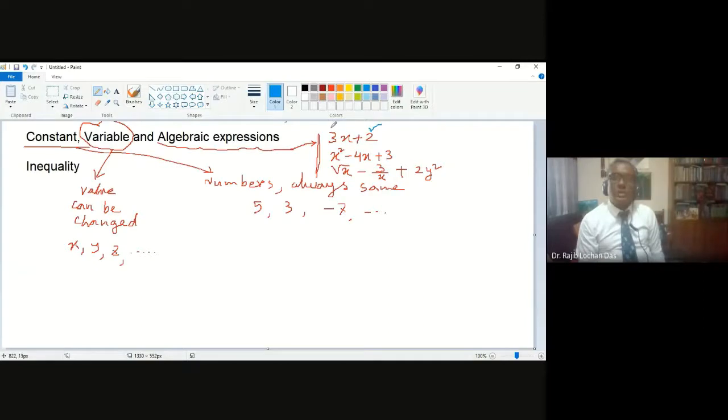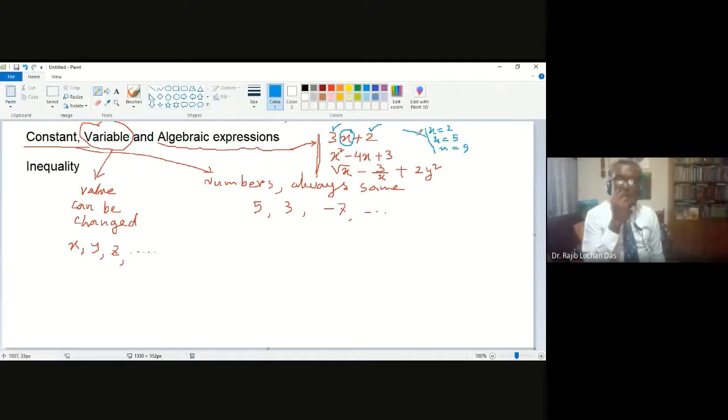If you see 3, then it is always 3, every time it is 3, there is no change. And if you see x, then you will think, okay, this is not always the same, because x can be 2, x can be 5, or x can be 7, or x can be 9. Different values for x are possible. So that is called the variable.